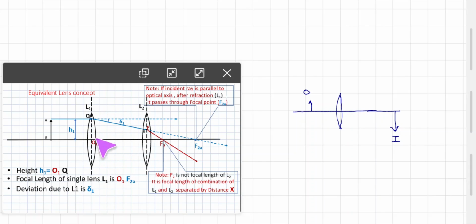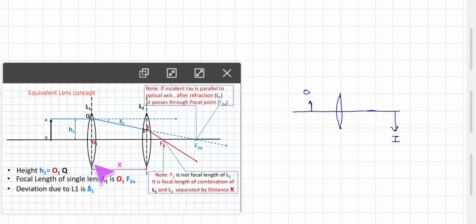So the things to be remembered, that O1 to f2a is focal length of L1, that we know. Remember that f2 is not focal length of L2 because the ray is not parallel, and so when it refracts it does not pass through the focal length. But the point at which it intersects, that is from the point where the parallel ray is incident to this point, this distance is a focal length of equivalent lens.